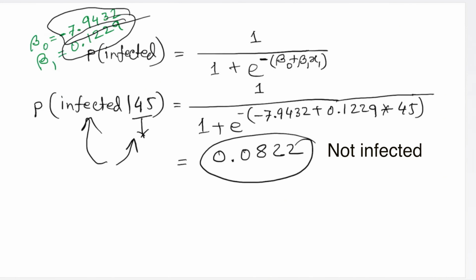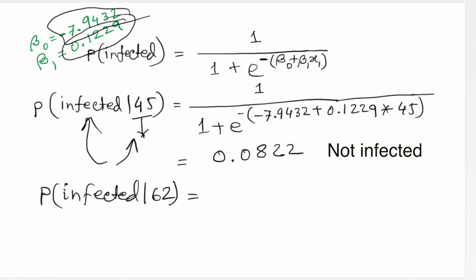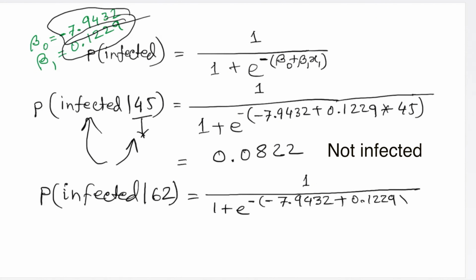Let's do a similar calculation with the value 62. The probability that the person is infected, if the person has an amount of 62 factor in the blood, is 1 divided by 1 plus e to the power negative (7.9432 plus 0.1229 times 62).